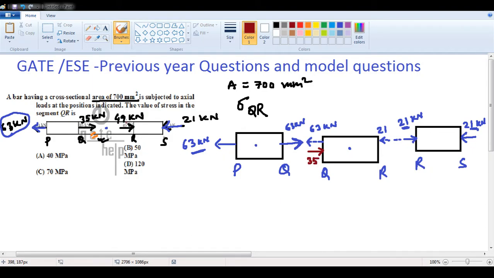Here again, 49 is going away from the center, so take 49 away from the center. So 63 is tensile, I'll write 63. 35 is compressive, I'll write minus 35. Here 21 is compressive, I'll write minus 21. 49 is tensile, so I'll write 49.